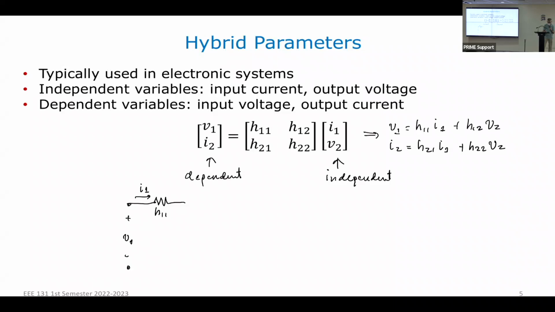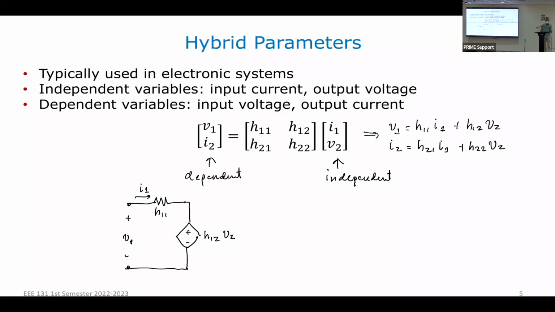So we use the standard symbol, which is a triangle, where the value is H12 multiplied by V2. Okay. So yun yung una equation natin. We're talking about the H parameter model. These are your H parameter models.